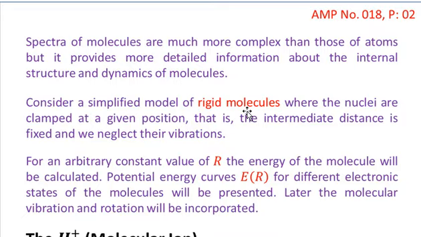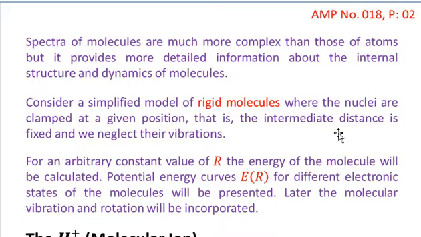So you see that the rigid molecule is the simplest molecule that we can start with, where the distance between the two protons, for example, or between the two atoms is fixed. So consider a simplified model of rigid molecules where the nuclei are clamped at a given position.